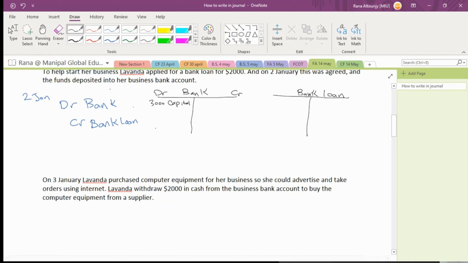This is earlier. So now we need to transfer. If you see bank is in debit side, so we have to transfer the other side of the transaction to the bank, which is bank loan. The amount is 2,000. Then if you see, the bank loan is in the credit side, so we have to transfer the other side of the transaction to the credit side.